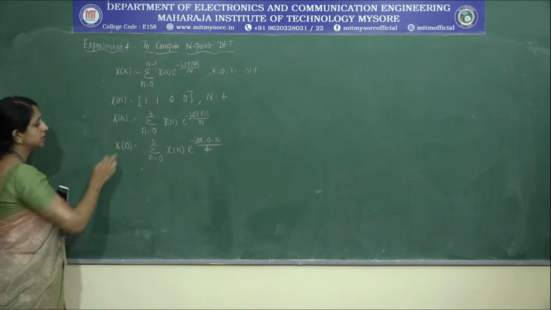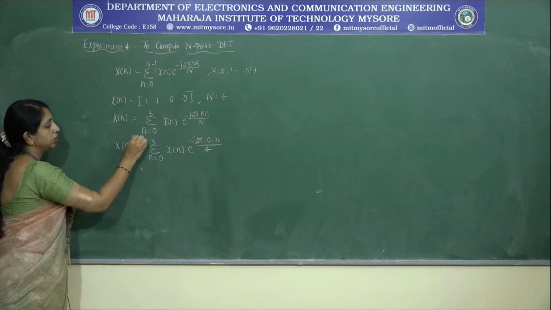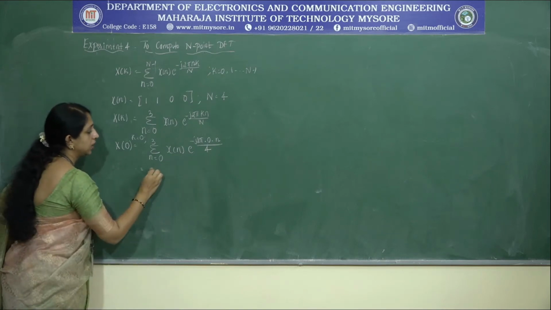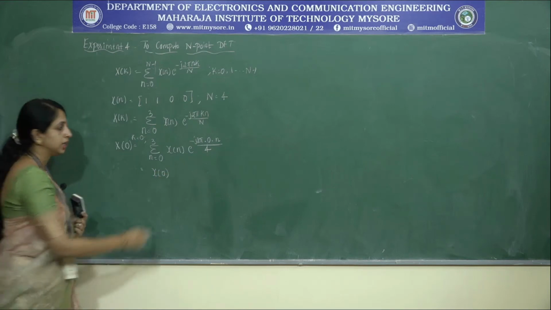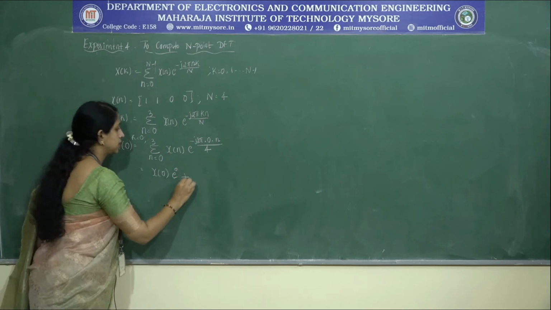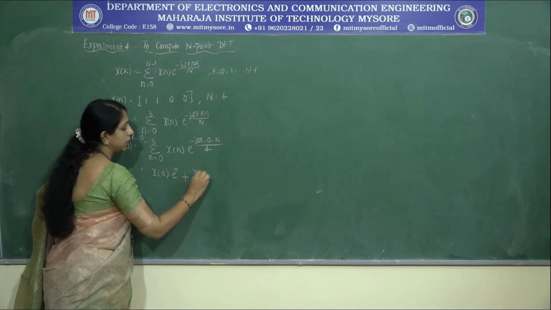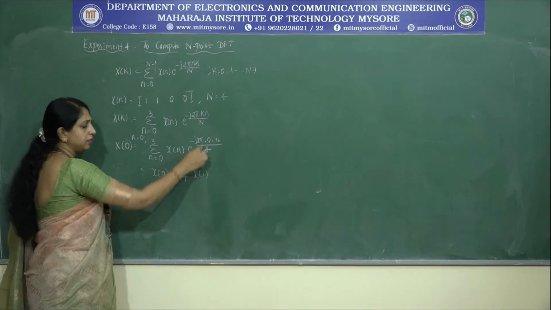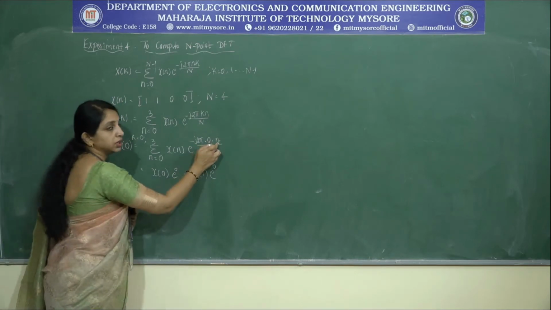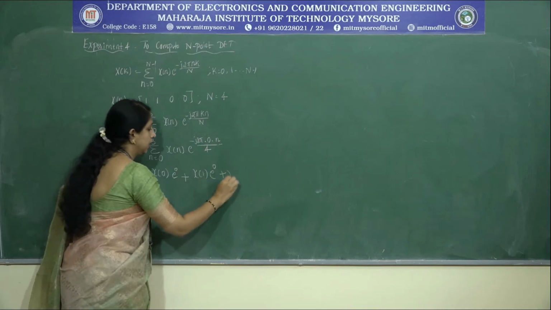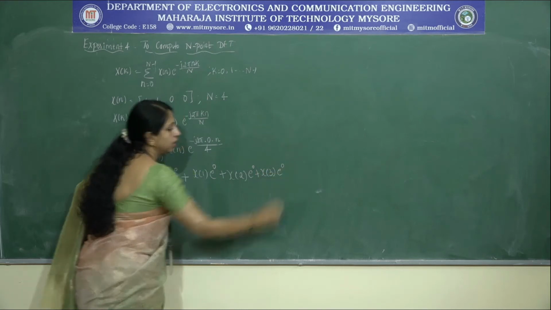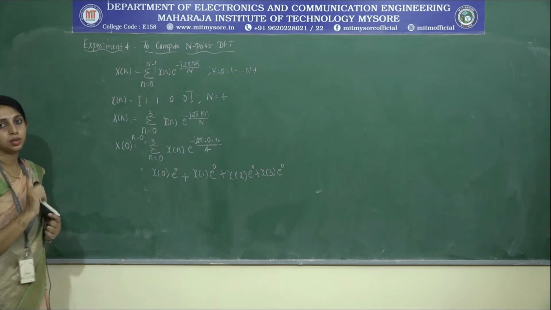Now first substitute the k value, k is equal to 0, then expand the n values for the equation. X of 0 e power 0 into anything is 0, plus x of 1 e power 0, since k itself is 0, for every exponential term we are going to get a value of 0, whatever the n value may be, plus x of 2 e power 0 plus x of 3 e power 0. e power 0 is 1, we know.